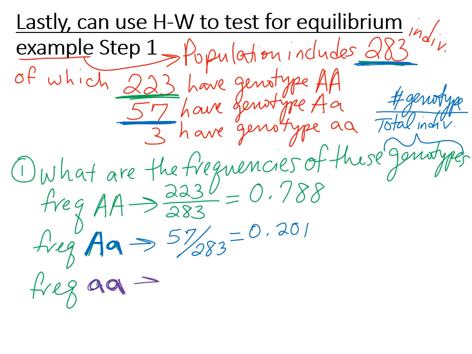I'll use purple for this. 3 out of 283 individuals have that lowercase genotype, so the frequency is 0.011. Keep in mind these numbers for the next slide, because now we're going to go to step 2.